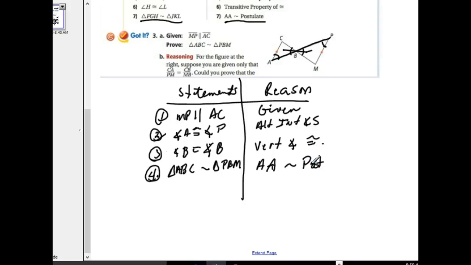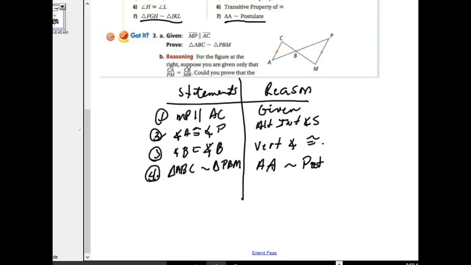Okay. Now, part B says, for the figure on the right, suppose that you were given only that CA. So let me erase what I have here so that we can see this again. In B, it said if I could only assume that CA was proportional to PM.